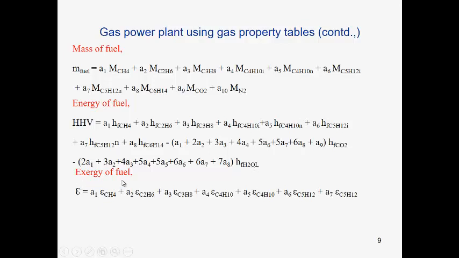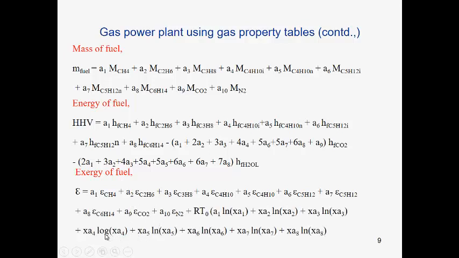Similarly, exergy of the fuel is determined from the specific exergy components of these gaseous species, including this gas composition. This is the partial pressure component, and this is the base, the standard exergy values.